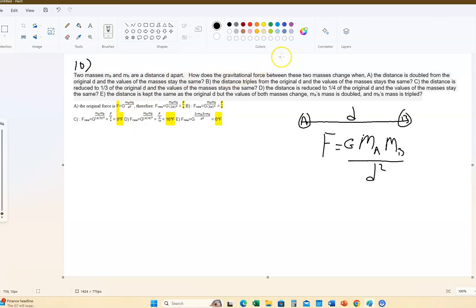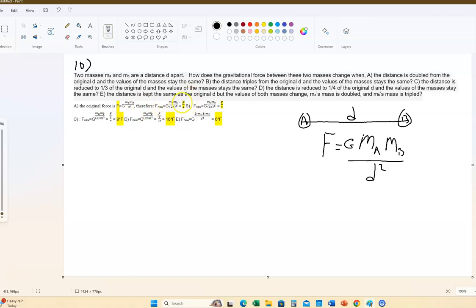Let's read this. How does the gravitational force between the two masses change when the distance is doubled from the original distance? I've done A right here.